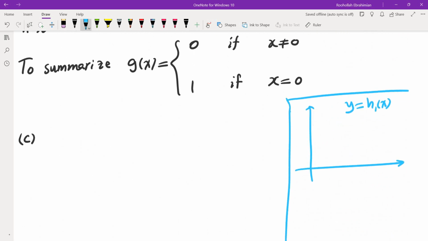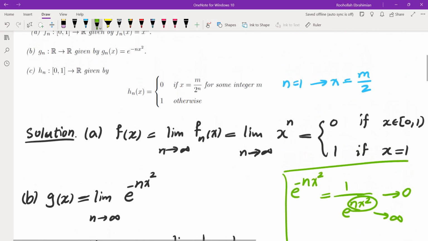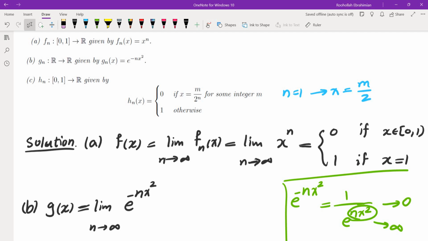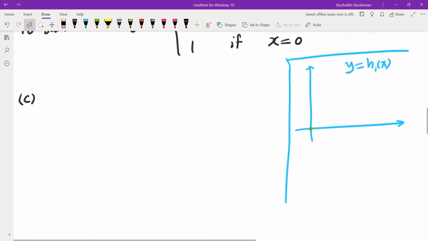So at 0 you have 0. So at those points you get 0. At 0 over 2, 1 over 2, and 2 over 2. So 1 over 2 and 1 and 0. At these 3 points you have 0. At every other point you're going to have 1. So this is the graph of the function.